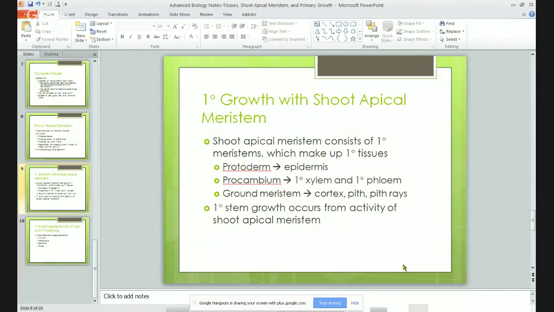I did talk about this earlier, but all of that primary stem growth is going to occur from your shoot apical meristem. If you look at your diagram, I will explain this now.